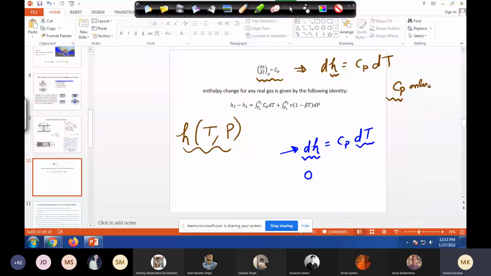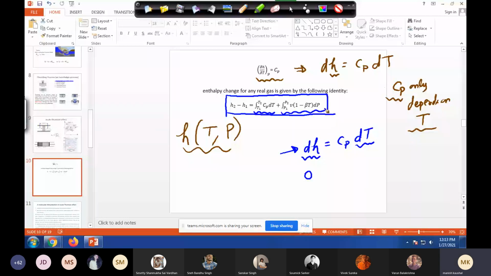Cp only depends on temperature. But if we go to a real gas, that is not the scenario. In fact, when we discuss thermodynamic potentials, we will see this formulation: the full formula of enthalpy change, as H is a function of both T and P, is this. So apart from this term, we have some other term also.